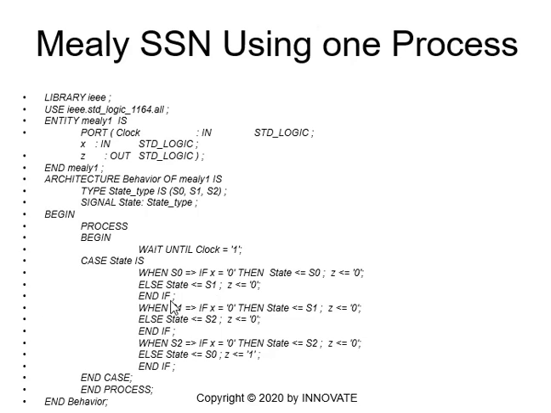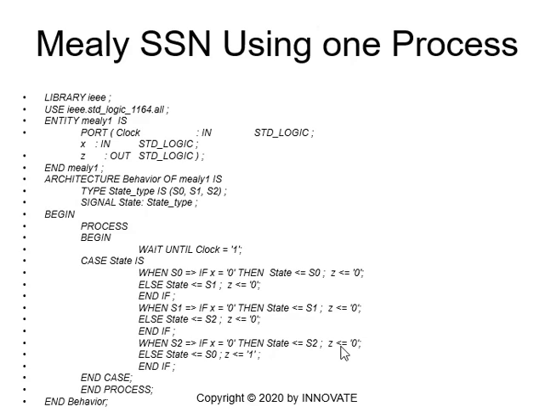Okay? And when S1, if x is 0, then I will assign S1 to the state and 0 to Z. Else, I will assign S2 to the variable state and 0 to Z. And when S2, if x is 0, then I will assign S2 to the state.